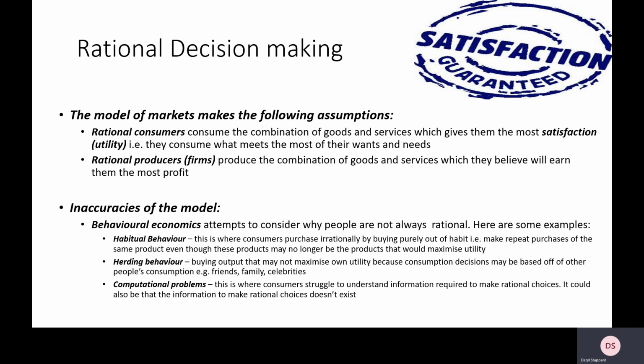Now, the reason why we're all doing this is that we're all trying to be as rational as possible. Now, what a rational consumer would do when they demand goods and services, they would, if they'd been rational, demand the combination of goods and services which maximizes their satisfaction. Now, economists call this utility. So what we will try to do is to buy a bundle of goods and services which we think will meet the most of our wants and needs.